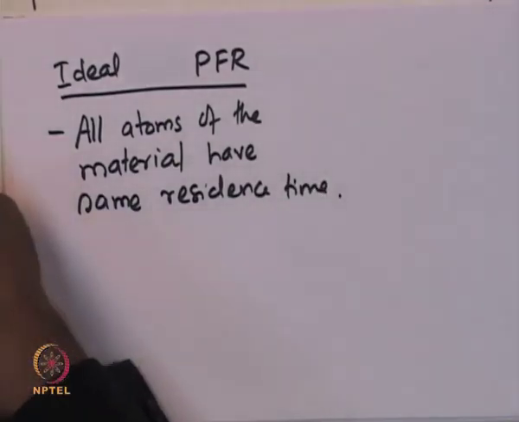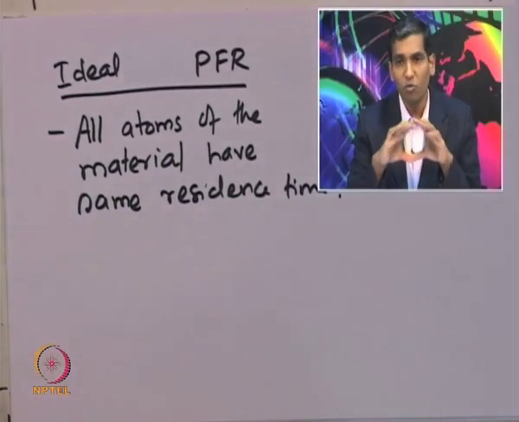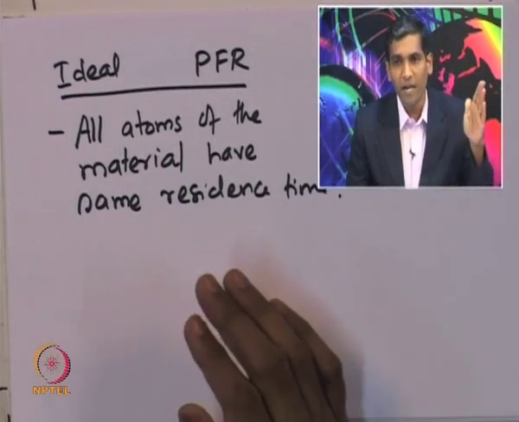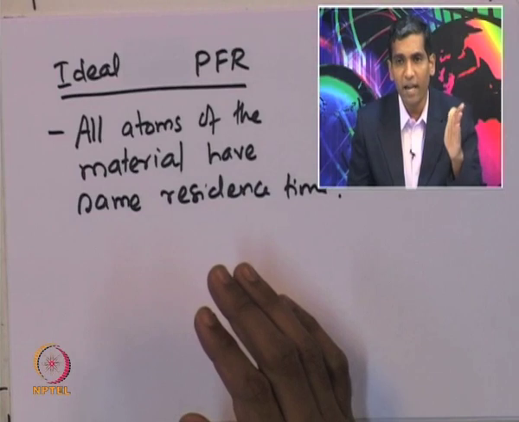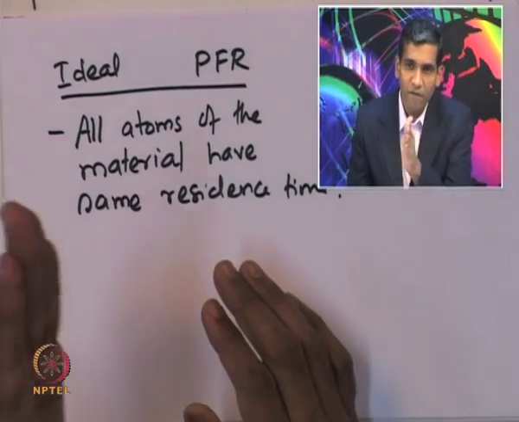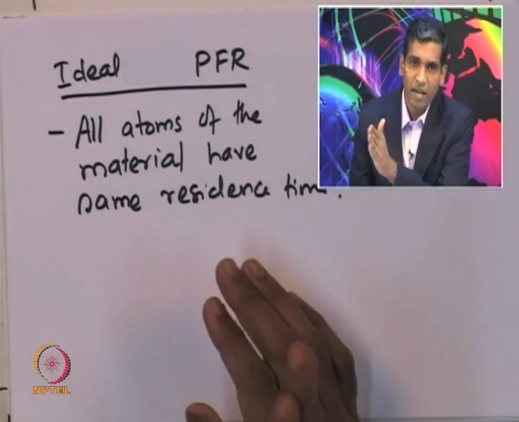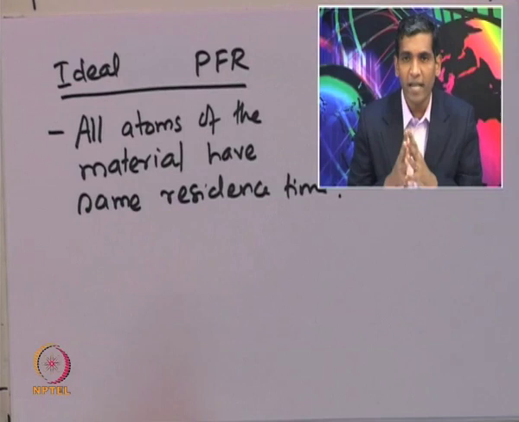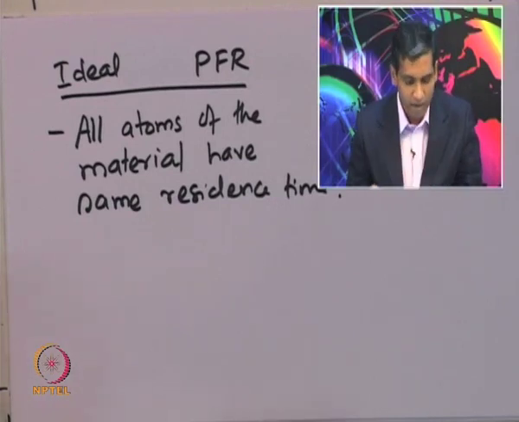Suppose there is a fluid flowing through a plug flow reactor, then all fluid particles entering the ideal plug flow reactor spend exactly the same amount of time inside the reactor before they leave it. So, that is an important characteristic of an ideal plug flow reactor.